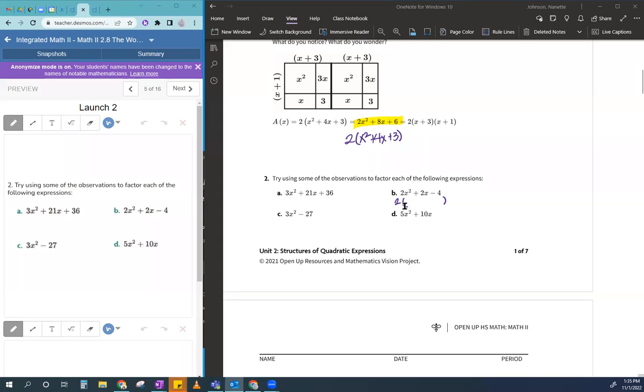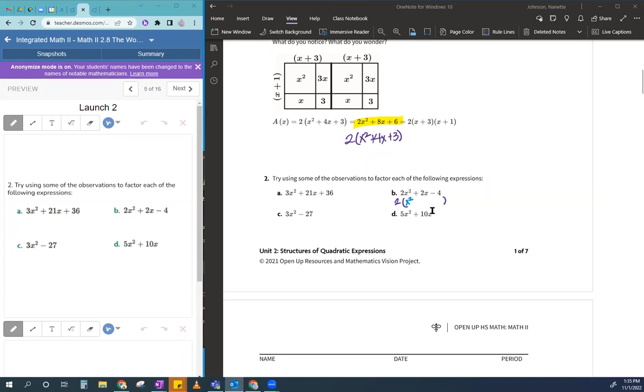Okay, so now that you're back, this is how you fill it in, right? You just ask yourself what's missing. So 2 times what gives me 2x squared? Yeah, just x squared. Very good. And then 2 times what gives me 2x?